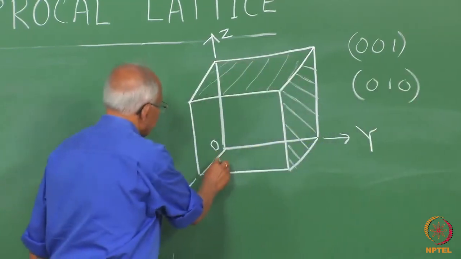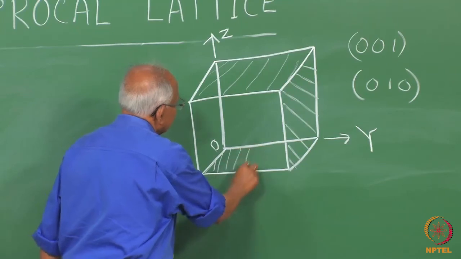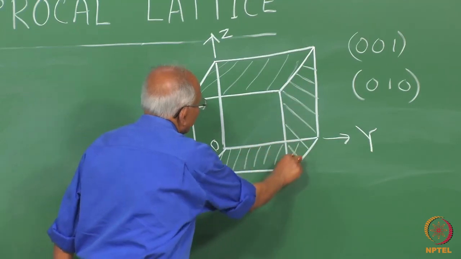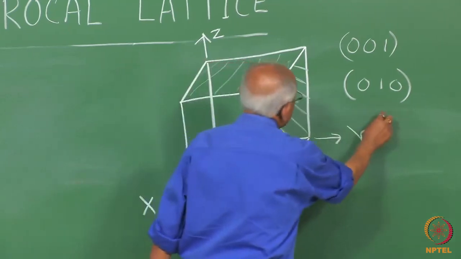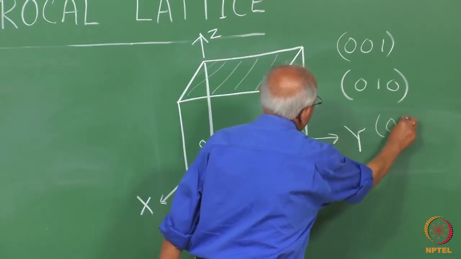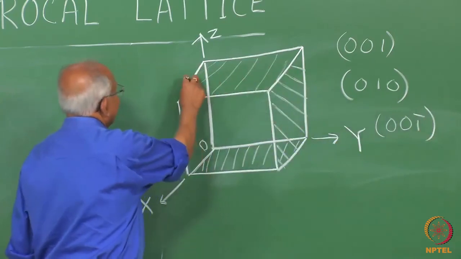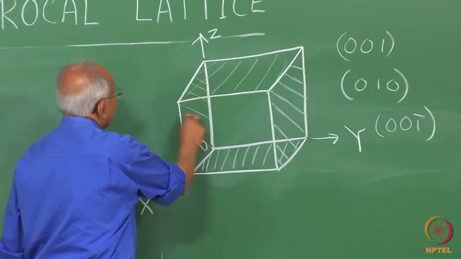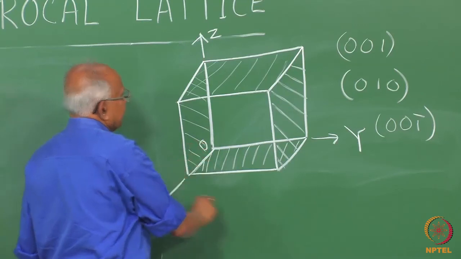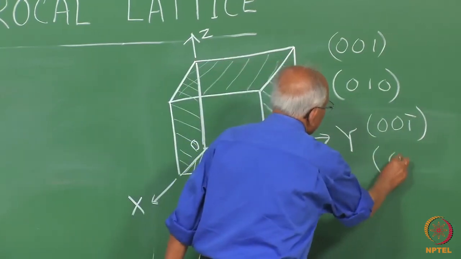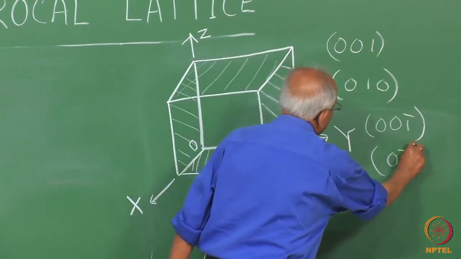If we talk about the bottom plane here, it will be the 0, 0, bar 1 plane. And if we look at the left hand side plane here, it will be the 0, bar 1, 0 plane.